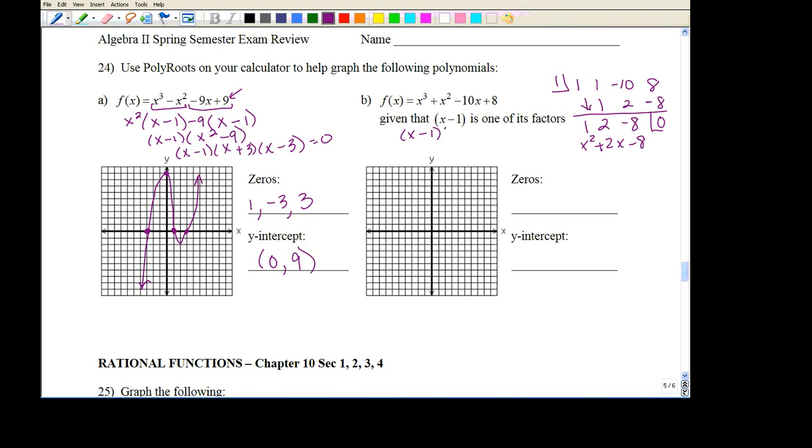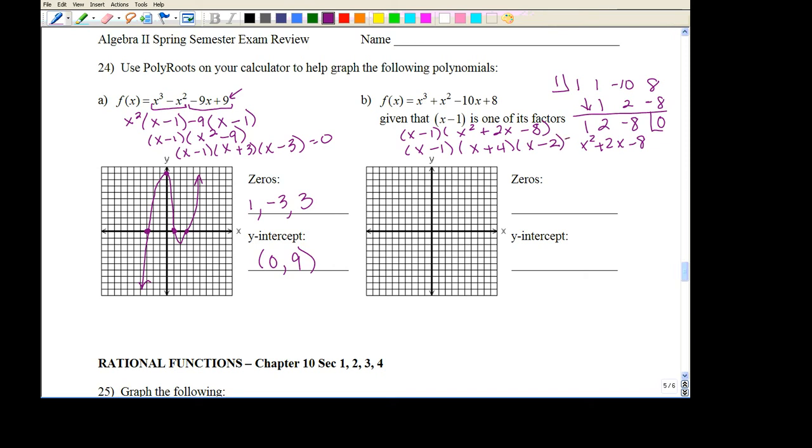I divided that out, and when I divided it out, I was left with x squared plus 2x minus 8. And then you think, does that factor? Is there anything that multiplies to negative 8 but adds to positive 2? And yes, we have x minus 1 times x plus 4 and x minus 2.